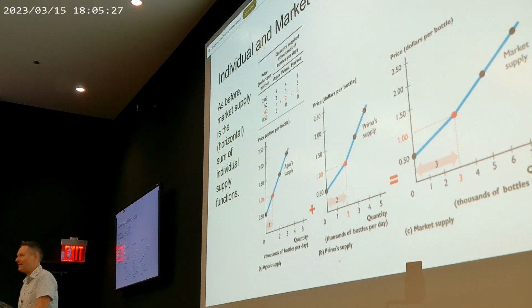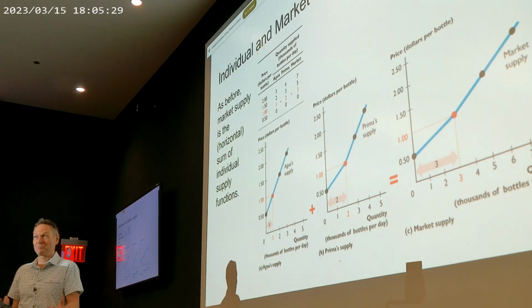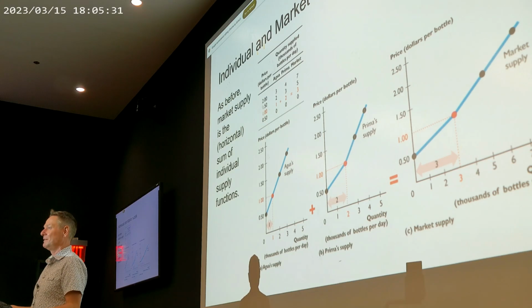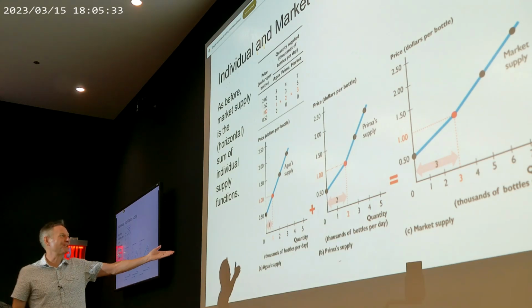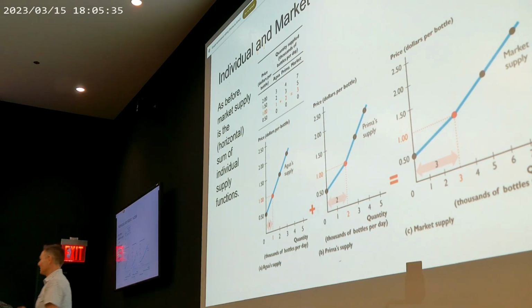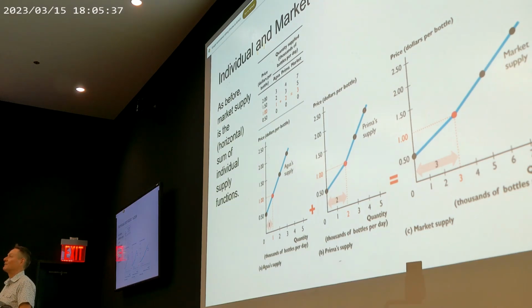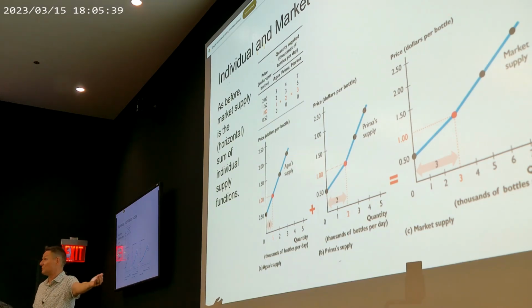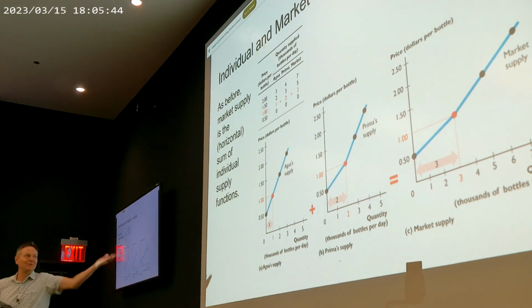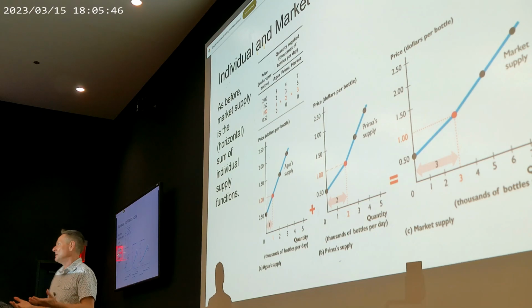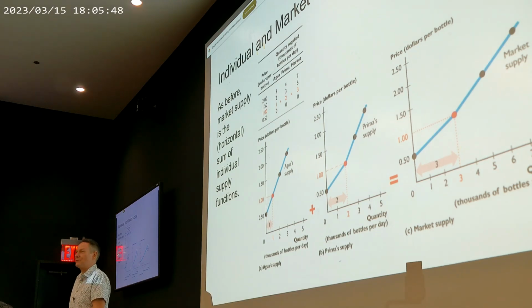And you can think about that as a manifestation of this principle of increasing costs. The first units that Agua supplies to the market are the ones that are the easiest to produce. If it has to produce more than that, given its resources, what does it have to do? Well, if we're talking about water, maybe if you're going to pump more water out of the ground and bottle it, it gets a little bit harder because you have to go a little bit deeper to get the water.